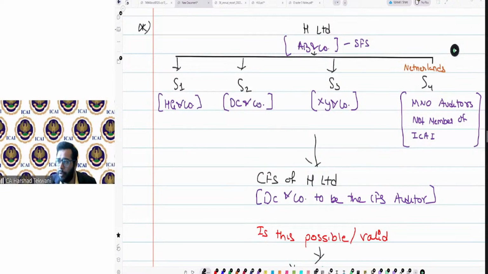As a result, can I use the audit report, or can I rely upon the audit performed by M&O auditors?